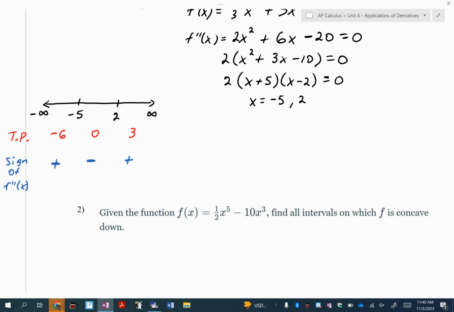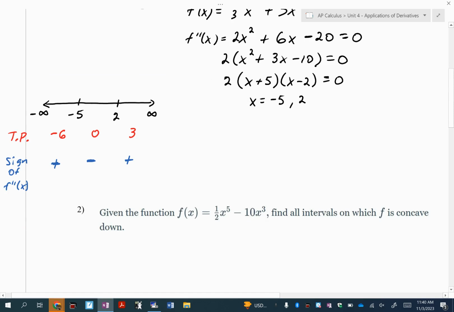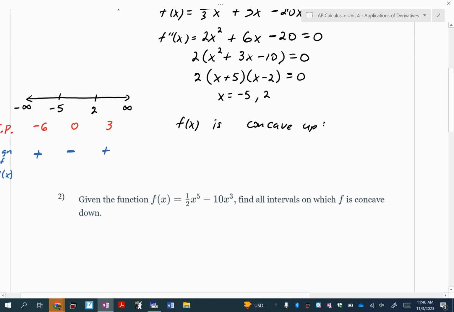All right, so today, the difference is, instead of saying that the derivative is increasing or decreasing, we're going to say the original function is concave up, which is where the derivative is increasing, on negative infinity to negative 5, or from 2 to infinity.